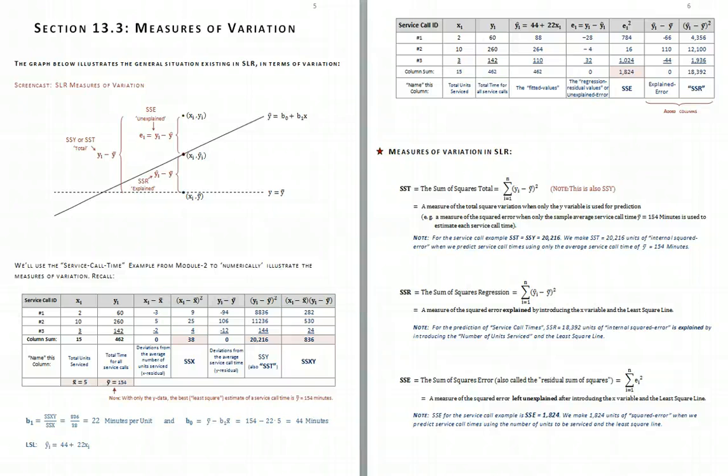Now suppose we introduce the x data and the simple linear regression line, y hat equals b0 plus b1 times x. We can now estimate the yi height with the height of the ith fitted value, yi hat. For this estimate of yi, we have explained y hat i minus y bar of the original total error.